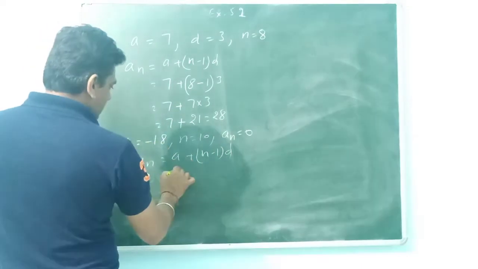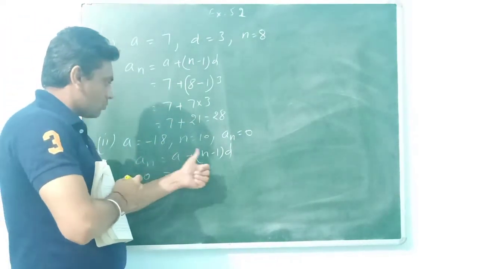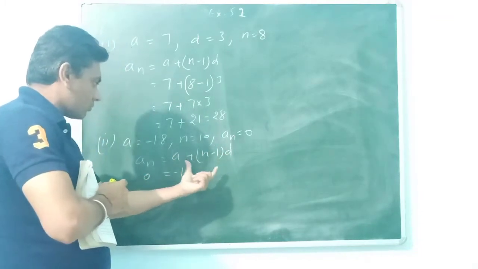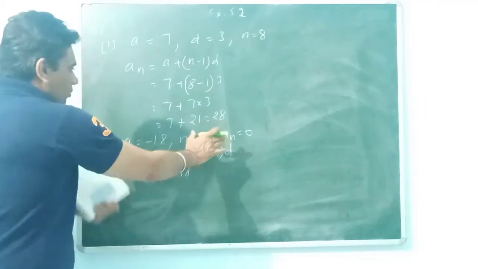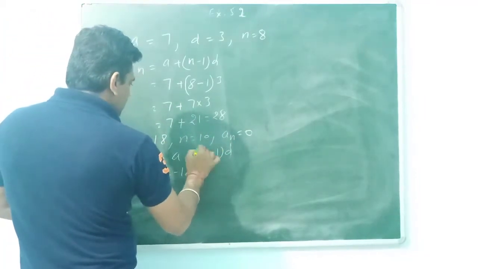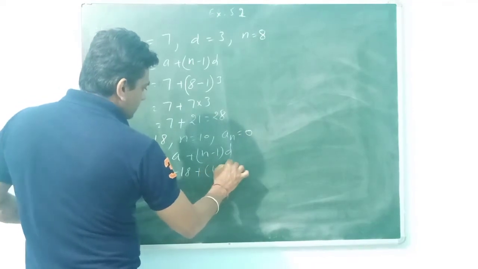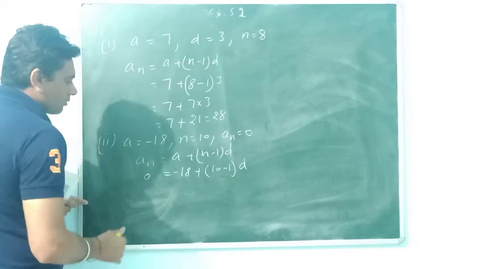A is minus 18. From these 4 quantities we have 1, 2 and 3 quantities. We put all these values in this. Plus N is 10, 10 minus 1. D we have to calculate.